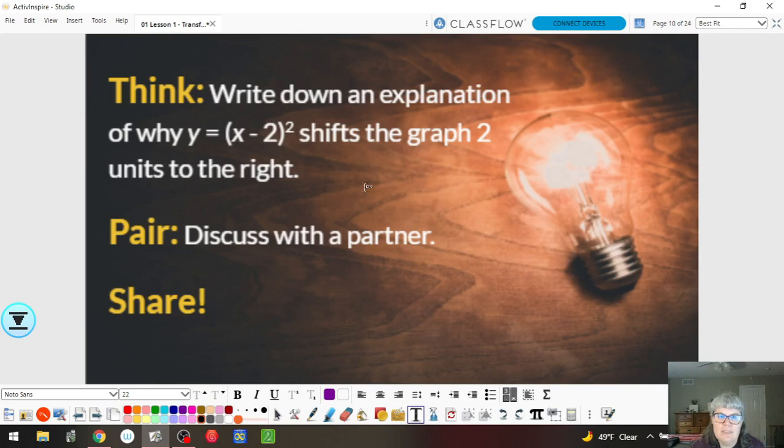So in class, the students were given some time to think about it, and the response was the expression needs to equal 0 to find the vertex.